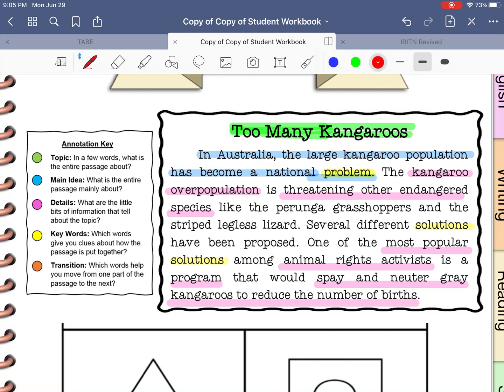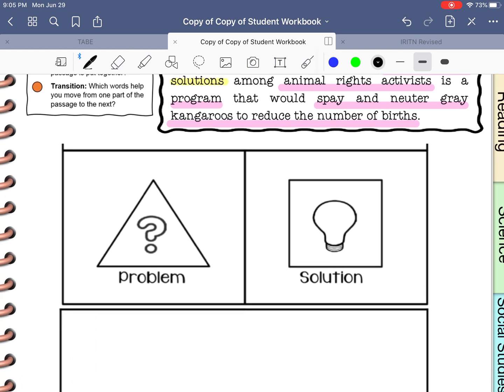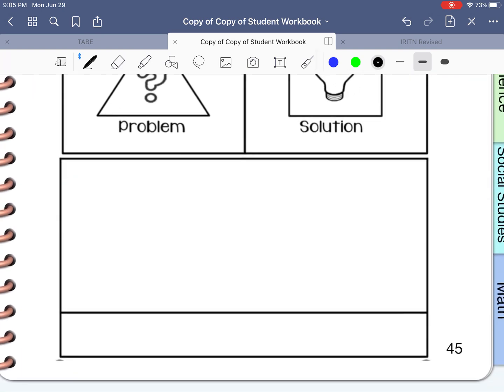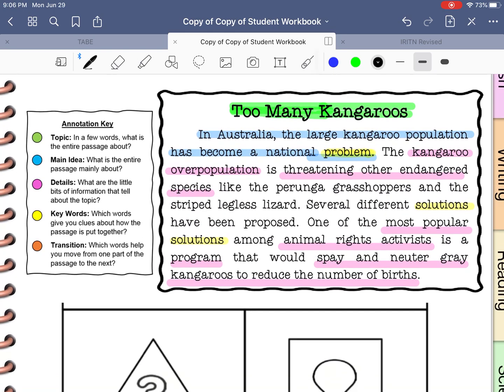So to put this piece into this graphic organizer, we need to do 3 things. First of all, down here at the bottom, we need to state the problem. And this is our main idea. The overpopulation of kangaroos.